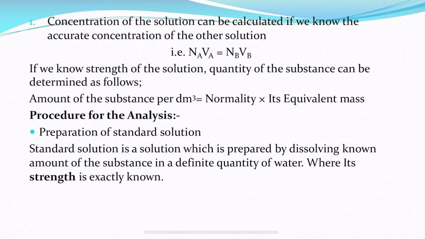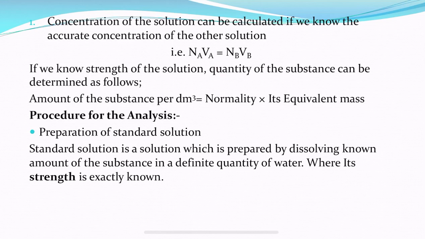If the concentration of one of the solutions is known accurately, the concentration of the other solution can be easily calculated by using the equation NaVa = NbVb. This is the general form of the equation we use to find the concentration of the unknown solution.